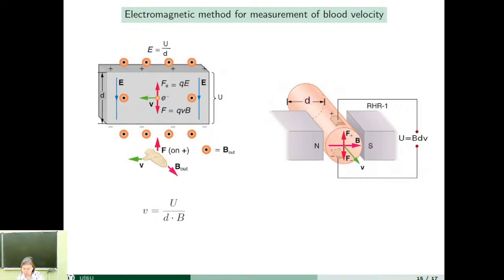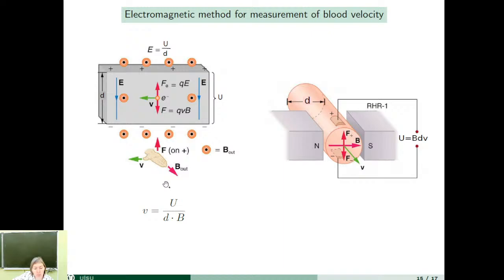From the equality of these forces, we may determine ion flow velocity and accordingly blood flow speed.